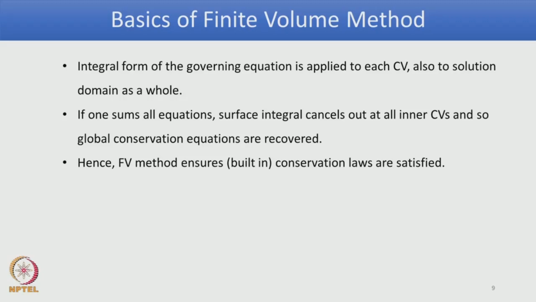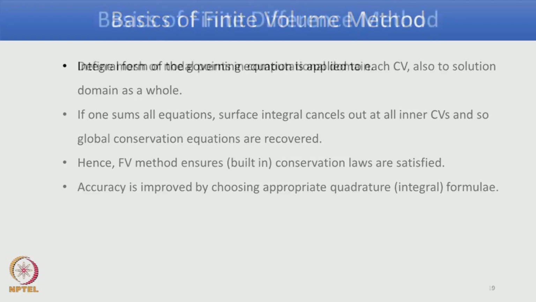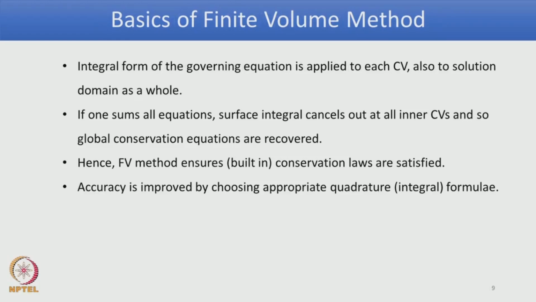It is not so in the case of the finite difference method, because we do not have such an integral form, and all the derivatives are expressed as a function of Taylor series expansion. Hence, there is a difference between finite volume and finite difference methods.